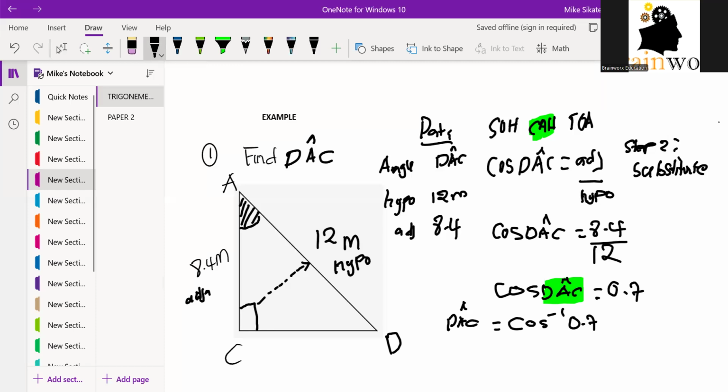If you're using a Sharp calculator, it would be second function cosine 0.7. And you're going to get your angle DAC as 45.6 degrees. You can even round it off to the nearest angle and say it's 46 degrees, but one decimal place is sufficient. So this is how you handle trigonometry of right-angled triangles.